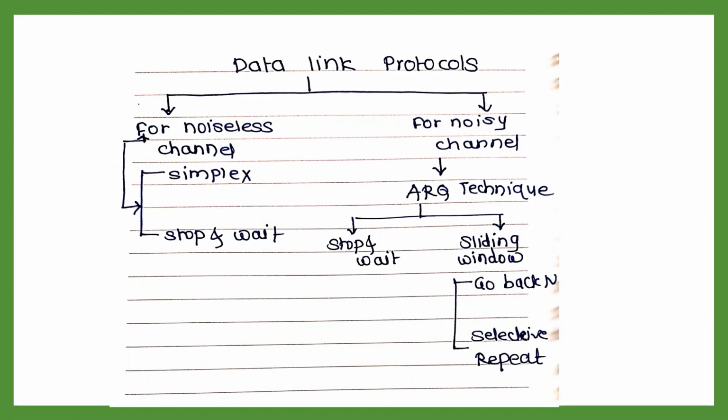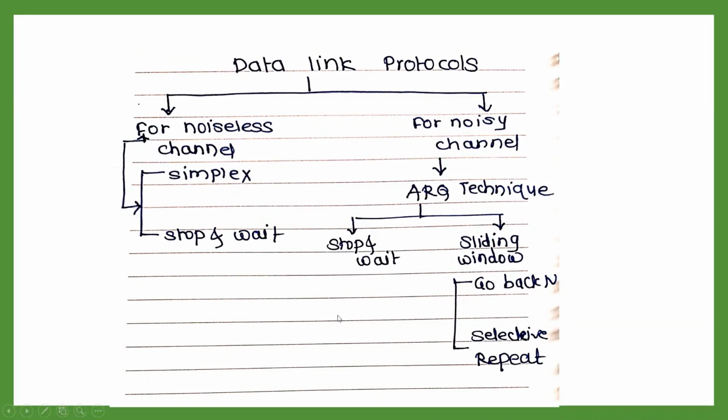For a noisy channel, it is possible that noise can occur and data may be corrupted or lost. In the noiseless channel, we have two types: simplex and stop and wait protocol. In the noisy channel, we use the ARQ technique, that is, automatic repeat request. In this ARQ technique, we have two partitions: stop and wait, and sliding window. The sliding window is again divided into two parts: go back N and selective repeat.